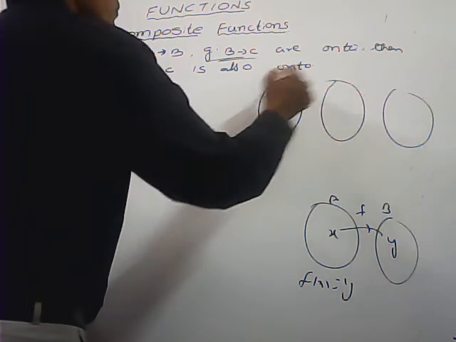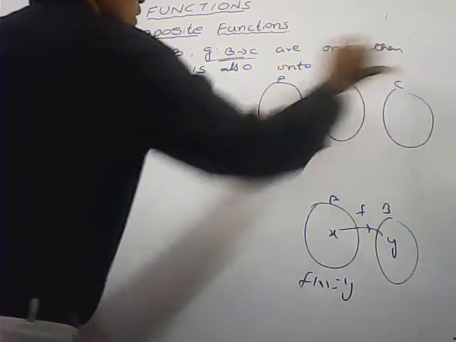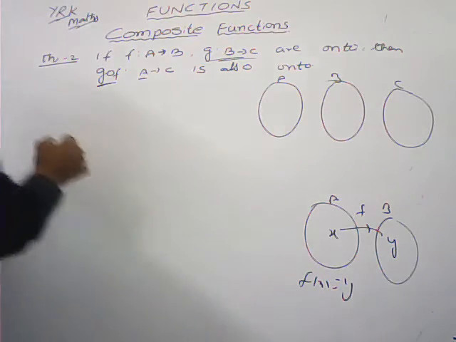Now here we can see A, B, C. Here what is given? G is onto.